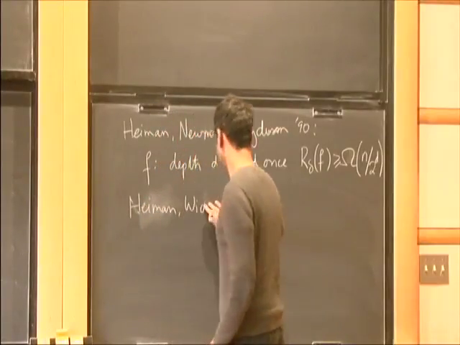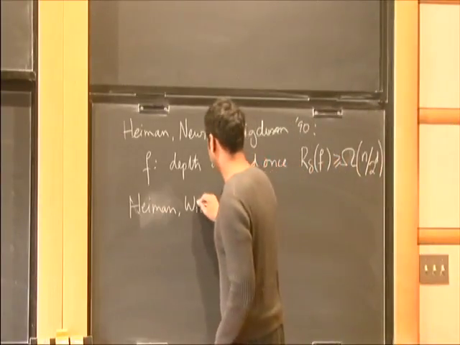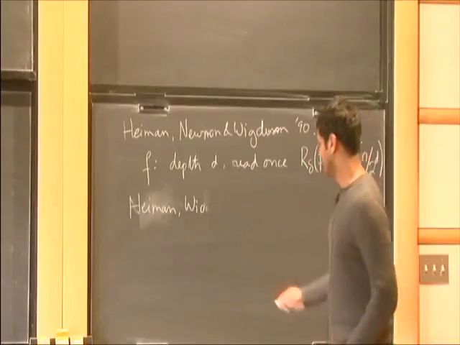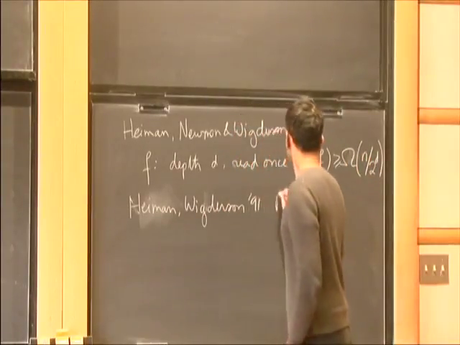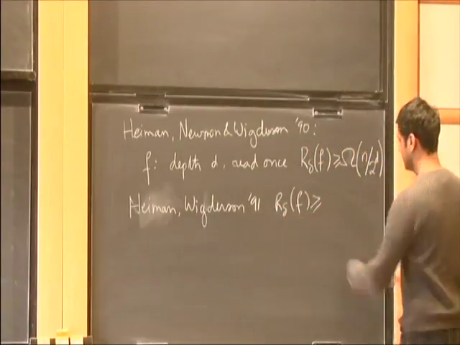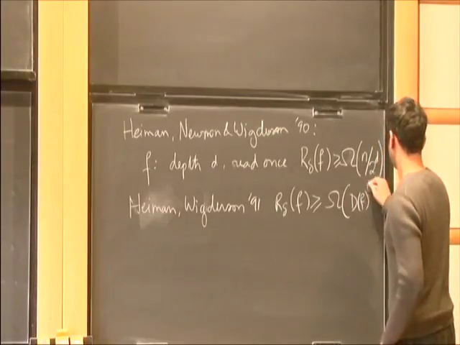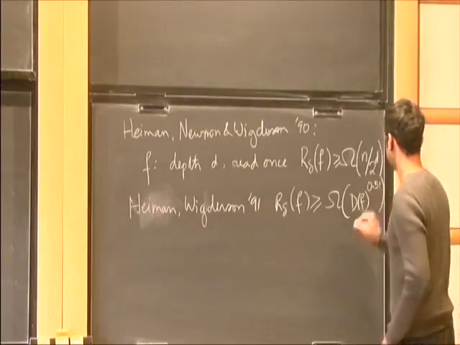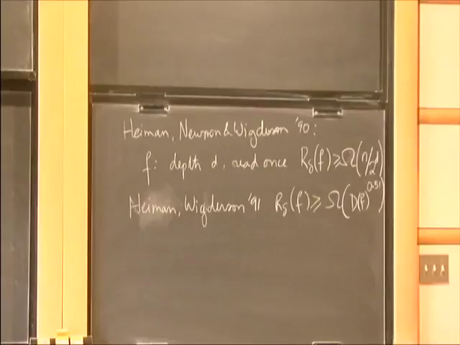Soon after gave a slightly stronger lower bound for general read once formulae, which said the randomized complexity is at least the deterministic complexity raised to power 0.51. Okay, so slightly larger than 1.73 to the h for recursive majority of 3.